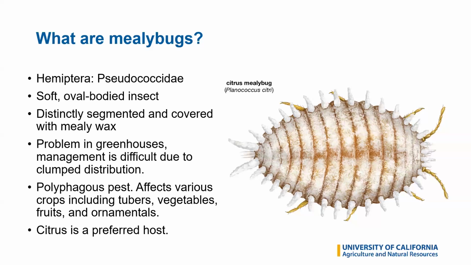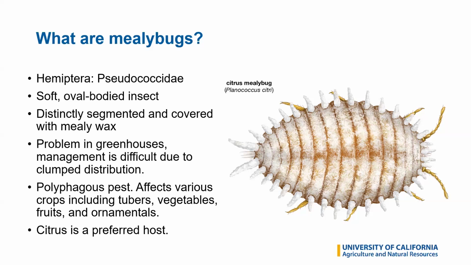All the mealybug species have filaments extending from body margins that are covered in wax. And these filaments can actually be used as an identifying character for identifying different species. They are common pest problems in greenhouses, and management can be difficult due to their clump distribution.